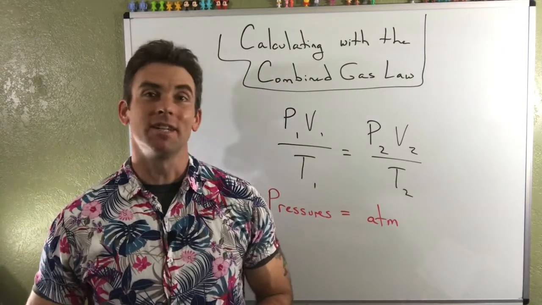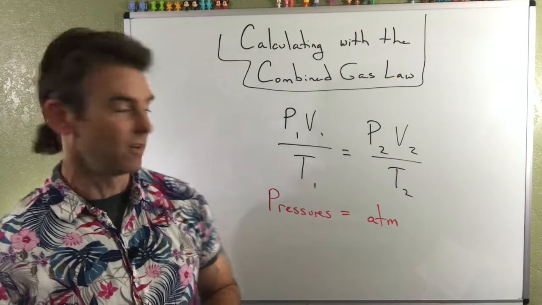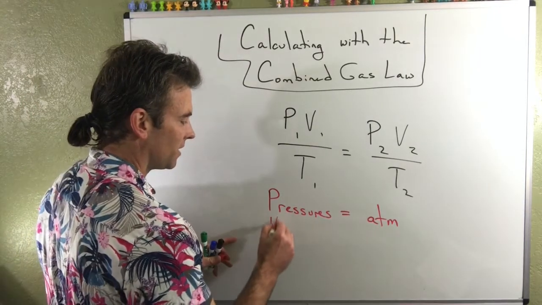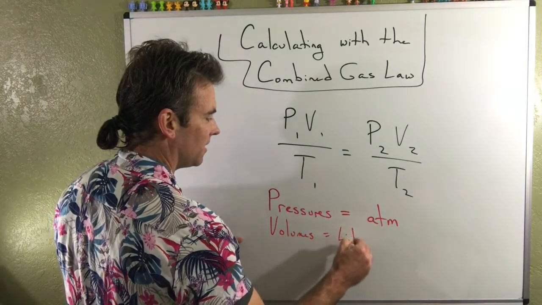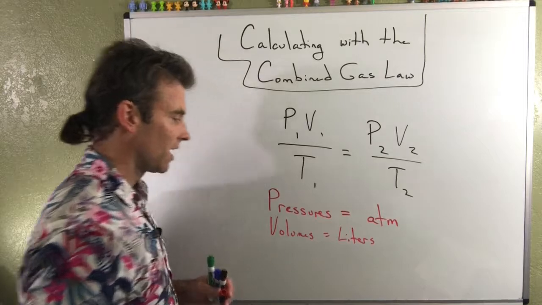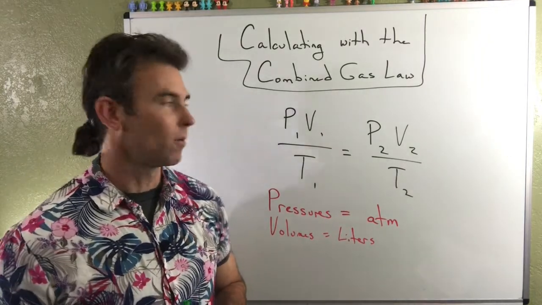If you have a question that is not in atmospheres, the very first thing you're going to do is convert that into atmospheres. Our volumes are always going to be in liters. That's the volume of the gas, we're always going to convert to liters no matter what.